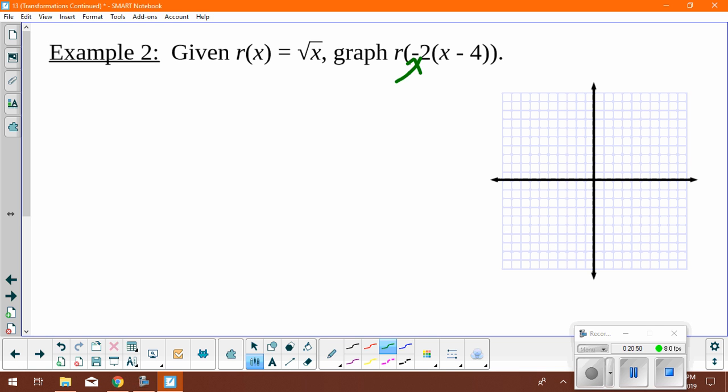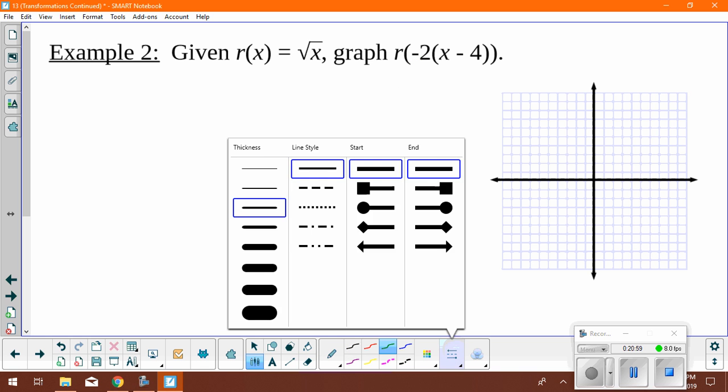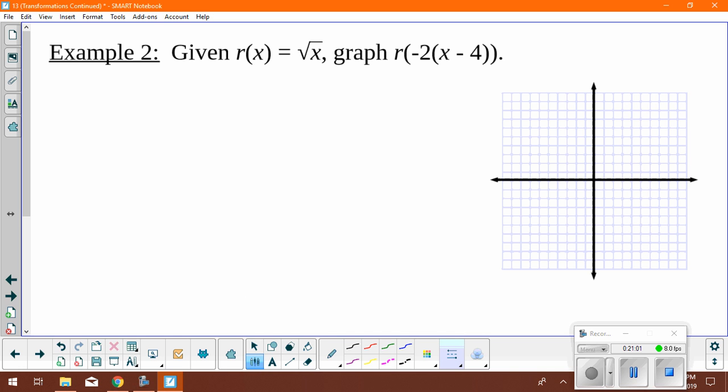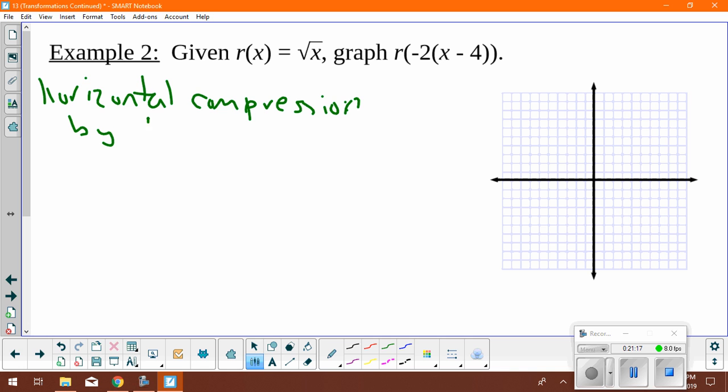My b value is -2. So that means I have a horizontal compression by 1/2. I also have a horizontal reflection.